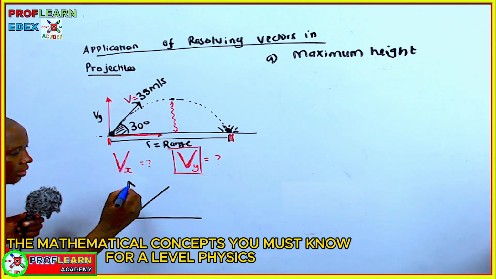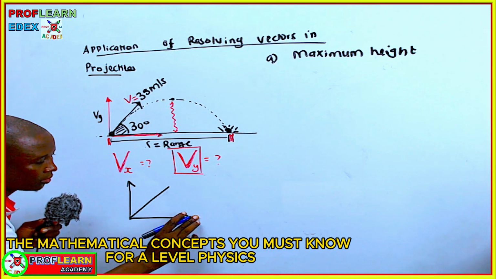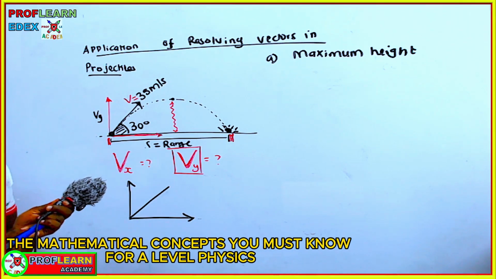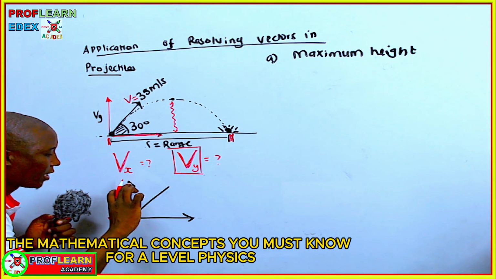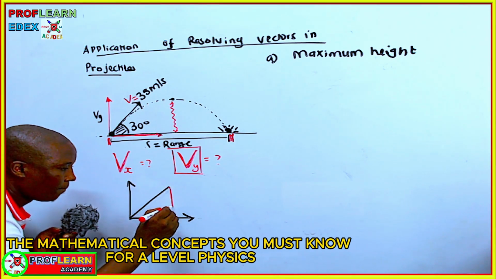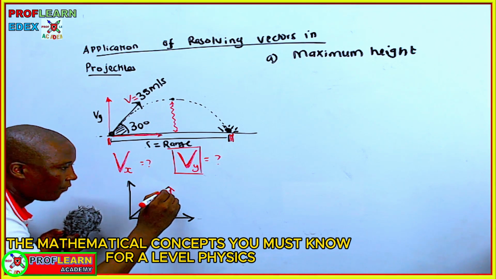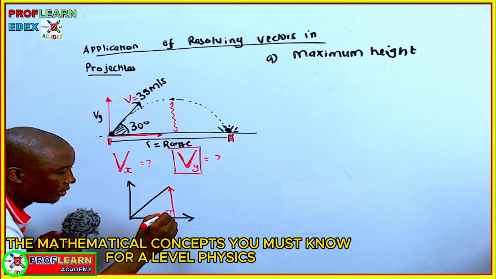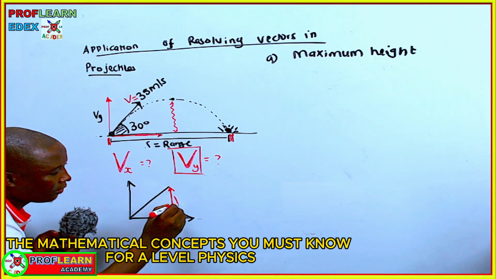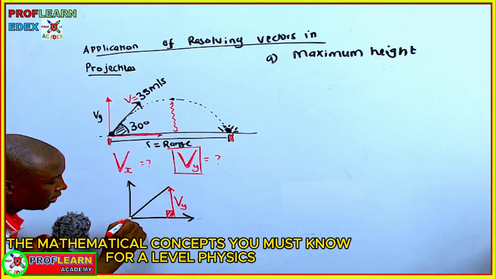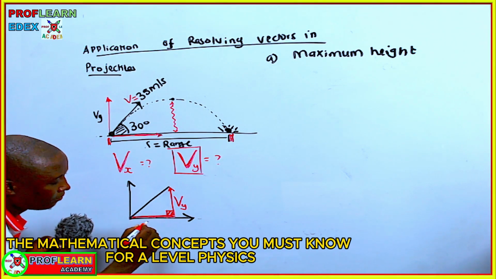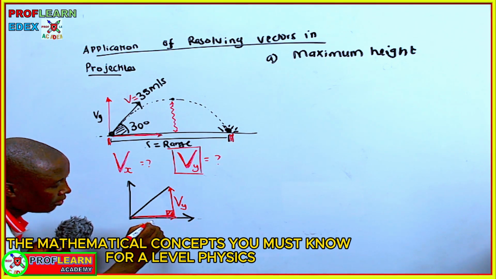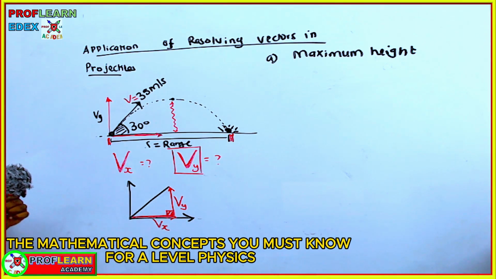Yes, this is in the y direction, this is in the horizontal direction. Then we can transfer this and put it here so that we have our height at this given point. This is v in the y direction, and this one here is going to be our v in the x direction.